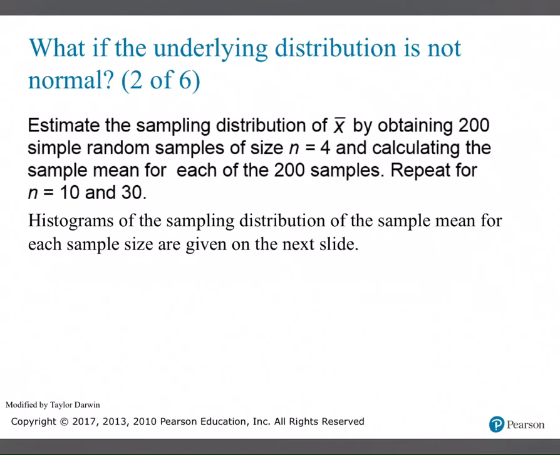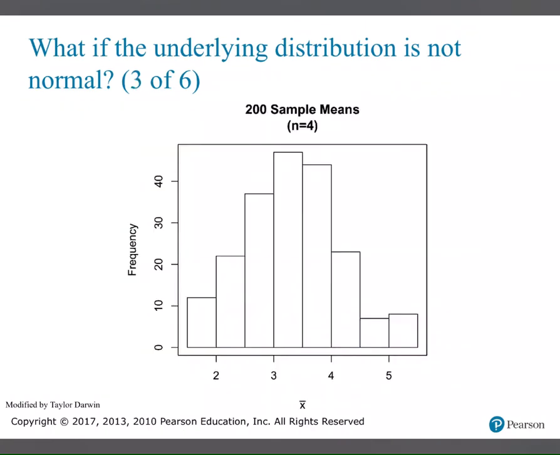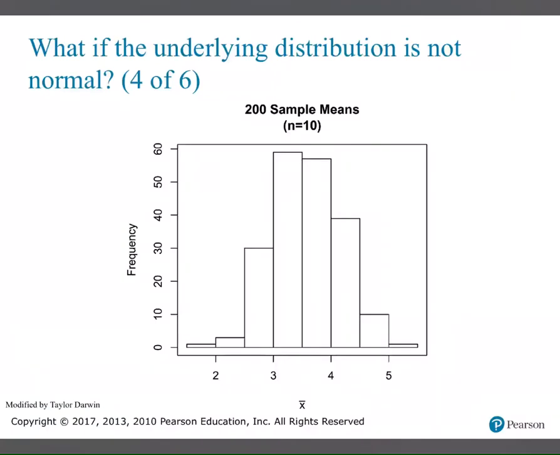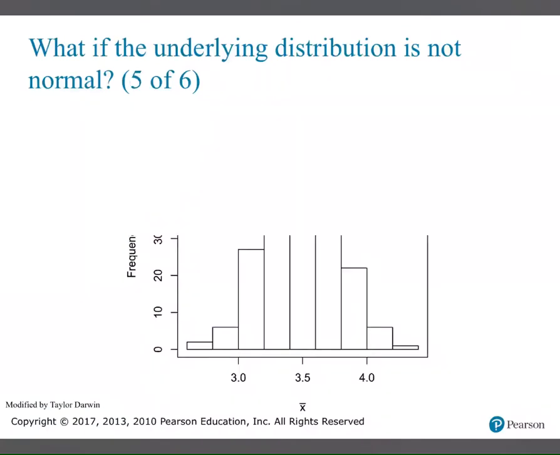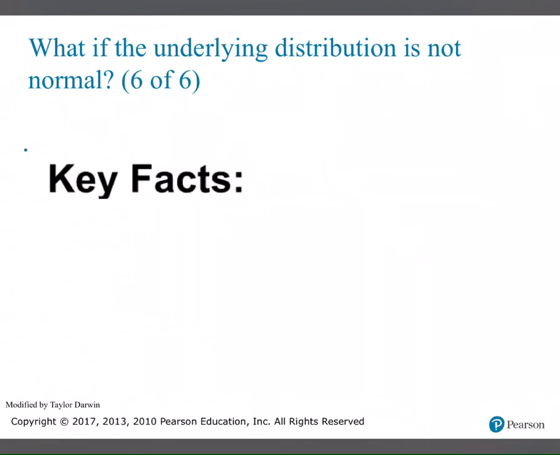So if we were to repeat that again for a sample size of 10 and 30, you can see the histograms. One second. So that's n equals 4, n equals 10, and n equals 30. Pretend that looks like that. This did not get down for some reason.